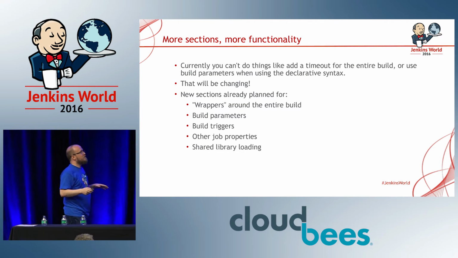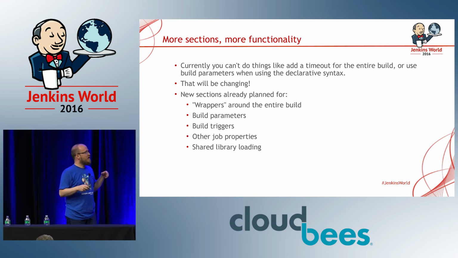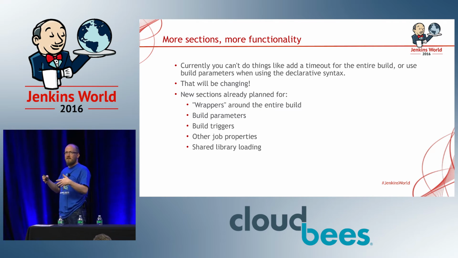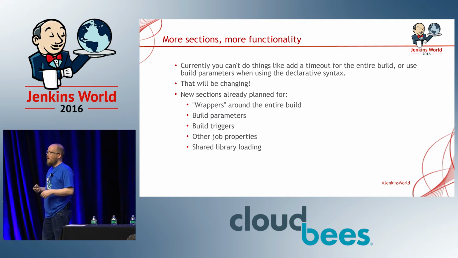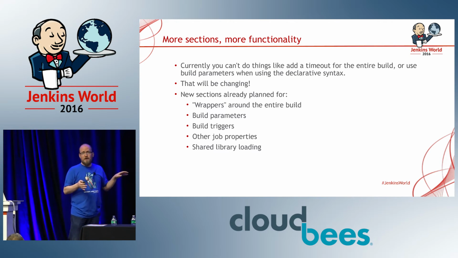Some of the most noteworthy things that you can't do right now: you can't do things like wrap the entire build in a timeout, all the stages. You can't define build parameters for using a multi-branch pipeline, where your build parameters have to be defined in your Jenkins file. So, among the things we've got lined up are wrappers around the entire build.